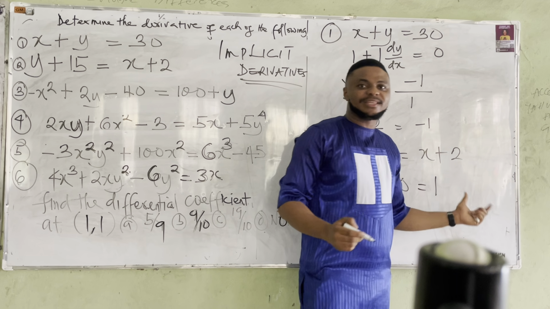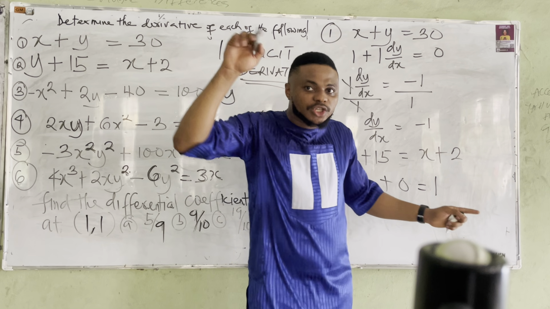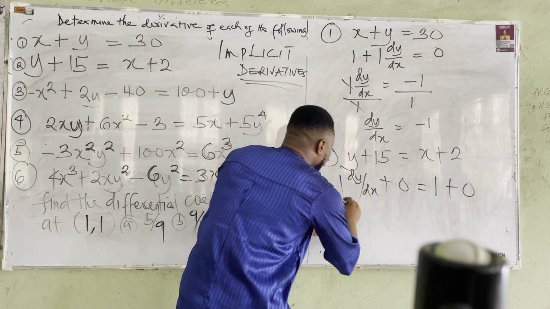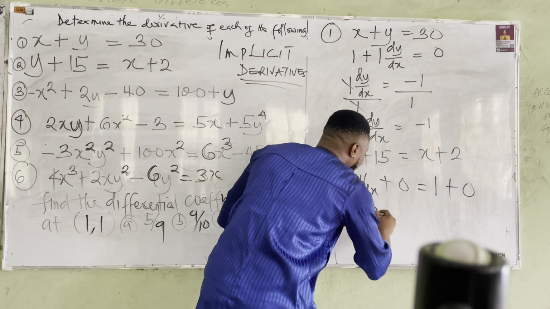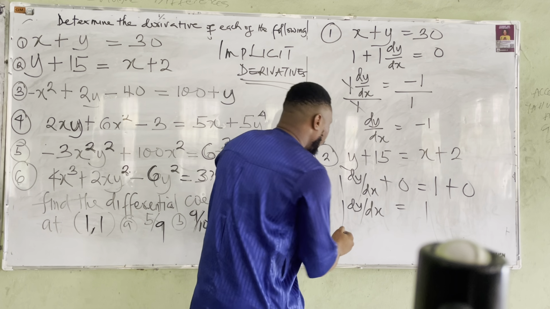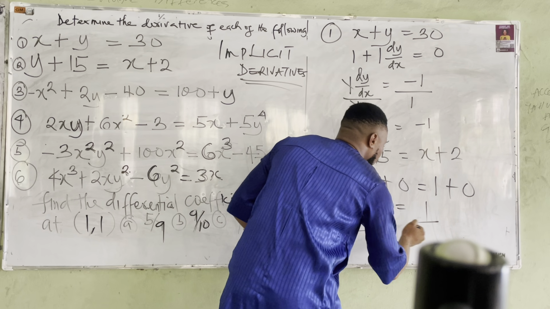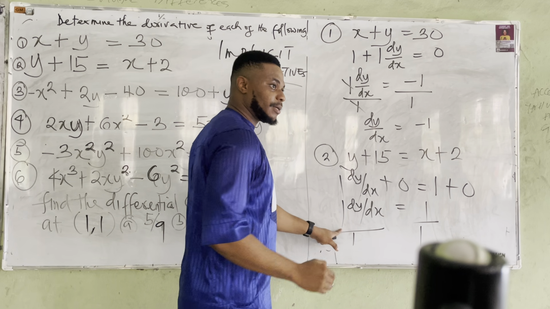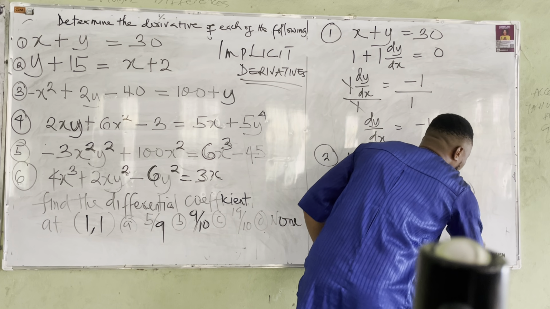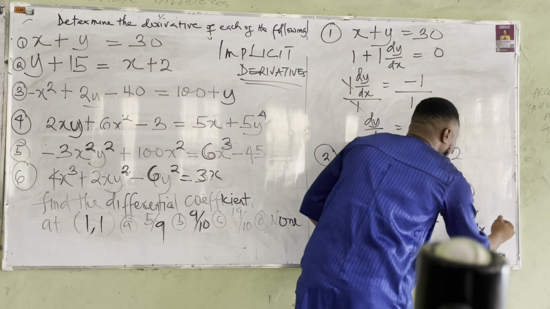Do we put dy over dx? No, because it's not y. Then plus 0. So this will be 1 dy over dx equals 1. What do we do? Divide both sides by 1. So cancel, it means that our final answer, dy over dx, will be equal to 1 over 1, which is 1.